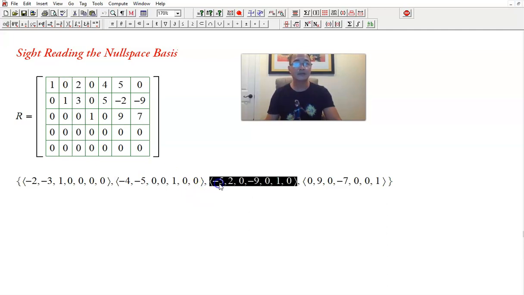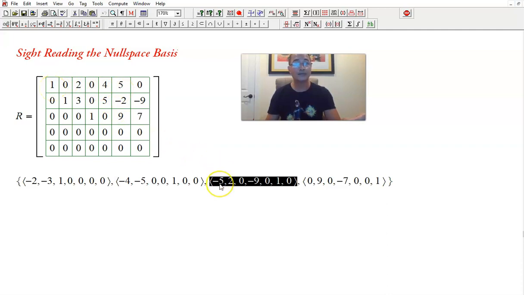Let's check out this 4th vector. The free variable is x6. Look at the 6th column. We see 5, -2, 9. We see -5, +2, -9. So again, negatives. But you have to be a little bit careful because this 5, its leading one is in column 1.